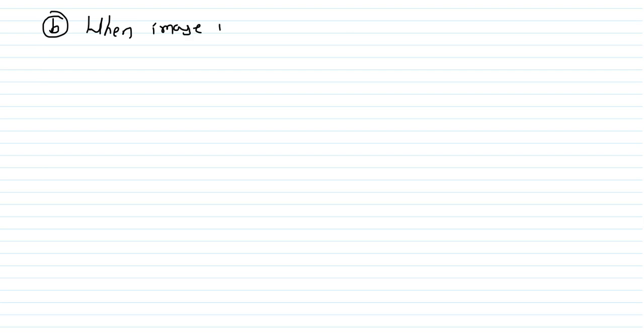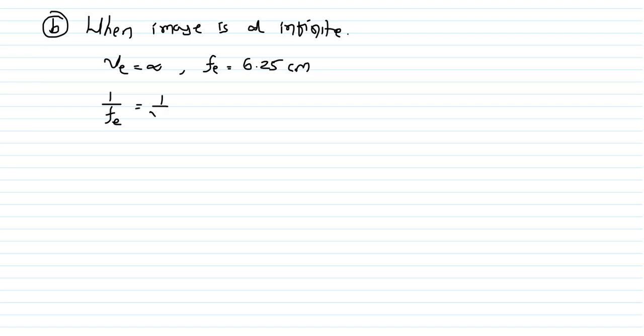Image is at infinite distance. That means here VE is equal to infinity and FE is equal to 6.25 centimeter. For the eyepiece, 1 upon FE is equal to 1 upon VE minus 1 upon UE.